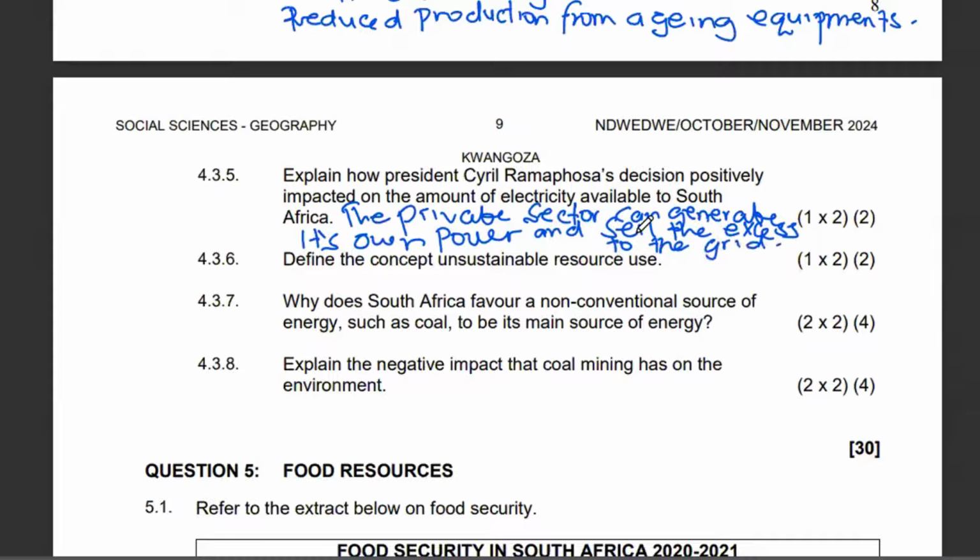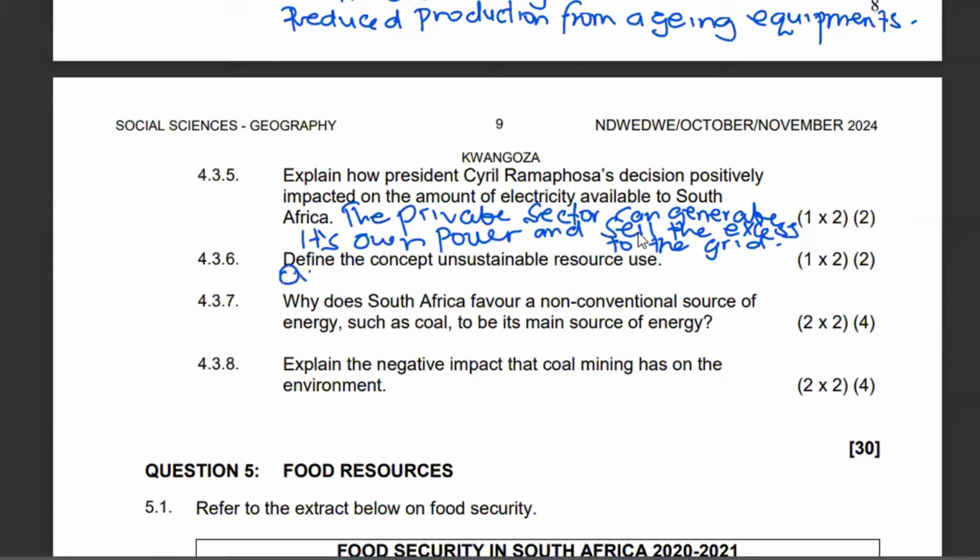Define the concept unsustainable resource use. When you talk about unsustainable resource use, you talk about overusing and abusing resources without carefully considering future quantities of that resource or the quality of that resource.